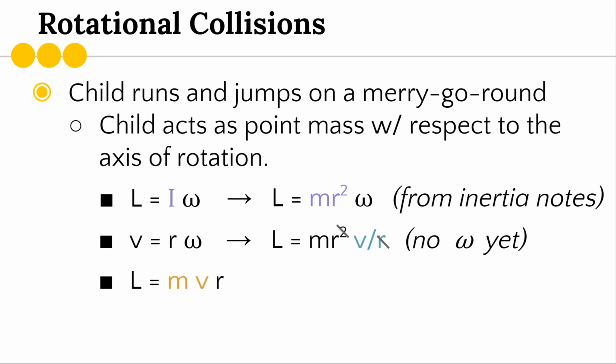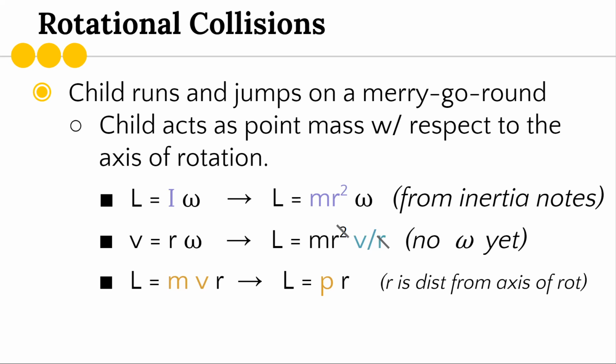The angular momentum of that child is mvr: the child's mass times the child's velocity times the radius of the merry-go-round, or the point where the child hit from the axis of rotation. That would give us the child's angular momentum whenever they collide.